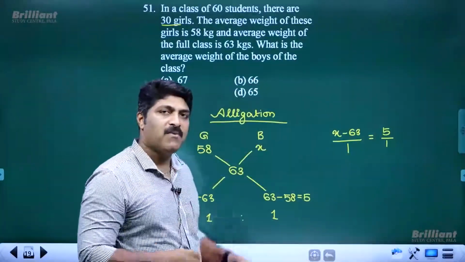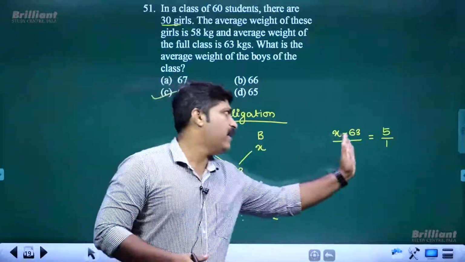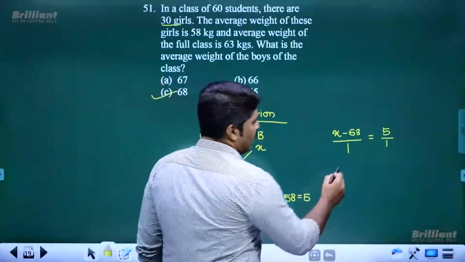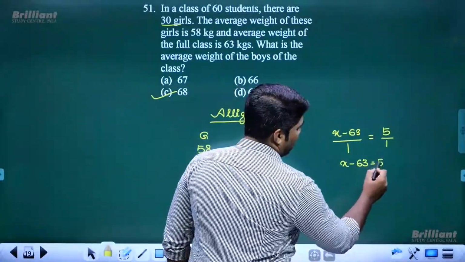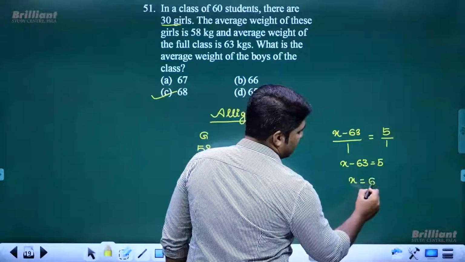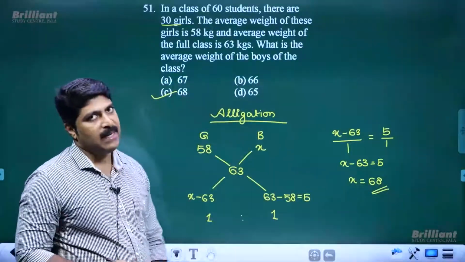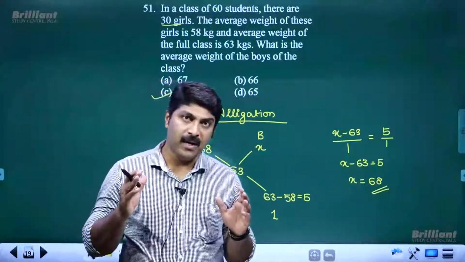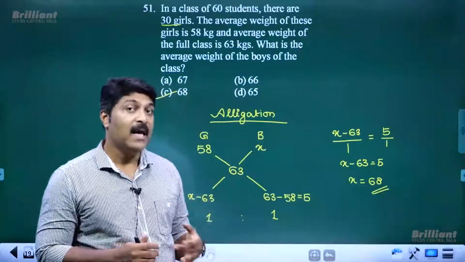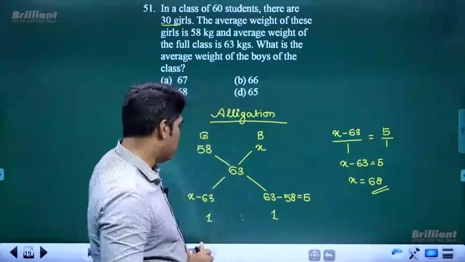As these two values are 1 and 1 each, we don't need to write it directly. So we can write this step as x minus 63 is equal to 5. Now, what is the value of x? x is equal to 68. This way also we can find the answer in such a question. Understand this is a basic application of average, weighted average. Hence, we can apply this alligation step also.